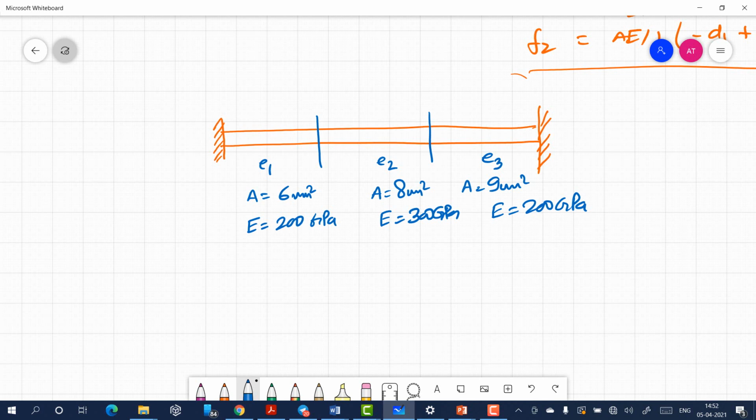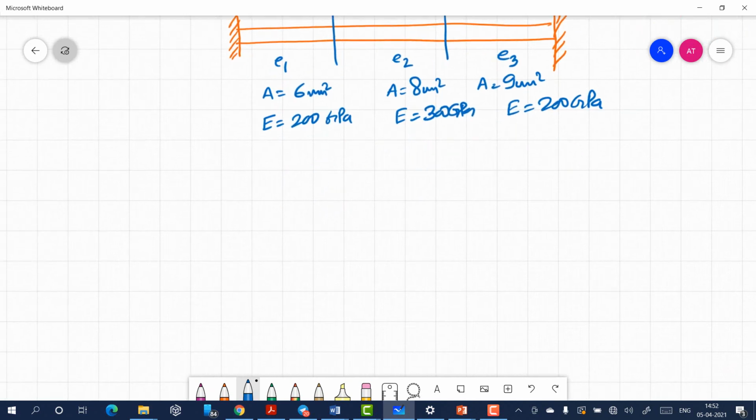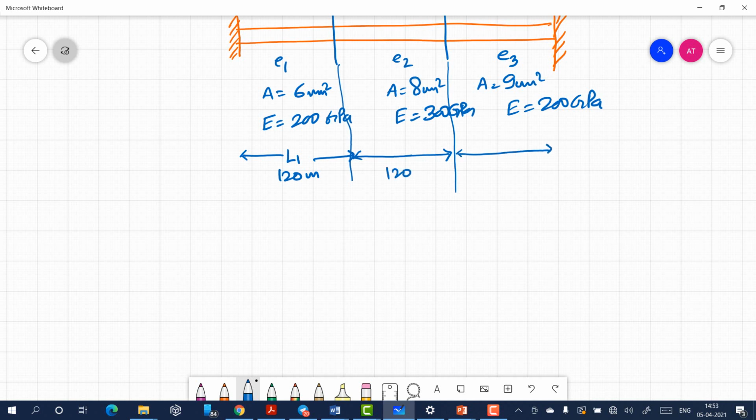Now let us look at how we are going to find out the forces and the displacement values. The length L1 is 120 millimeters, this length here is also 120, and this length here is 180.